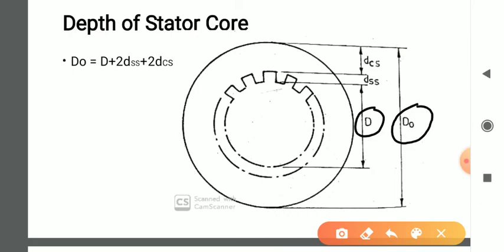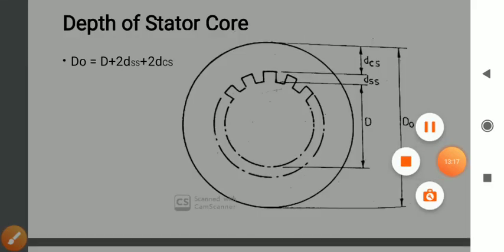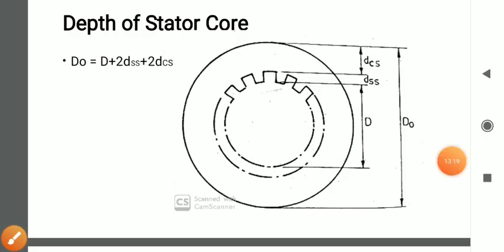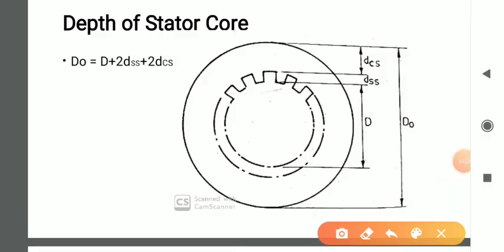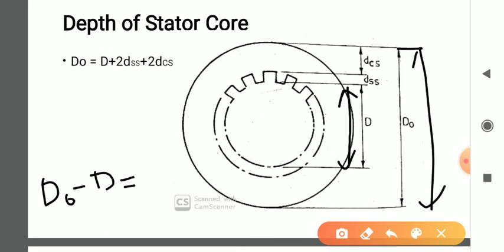If you see this diagram, it is very easy to understand. If you calculate the length DO minus D, so this much is D and DO is the outer periphery, the outer diameter.